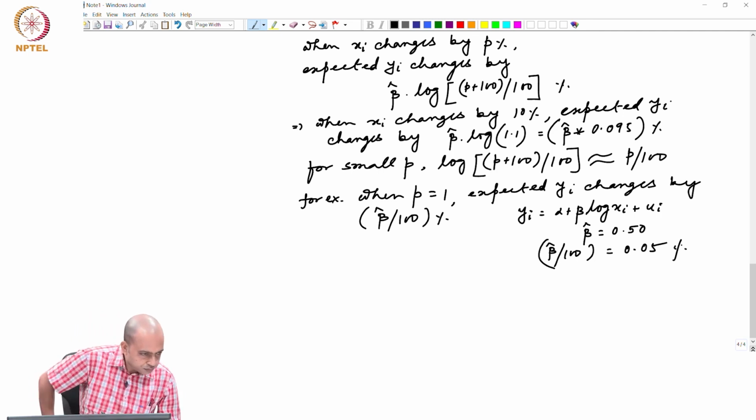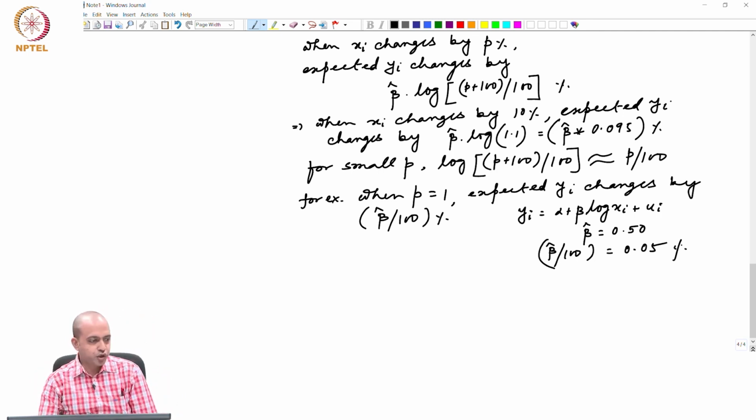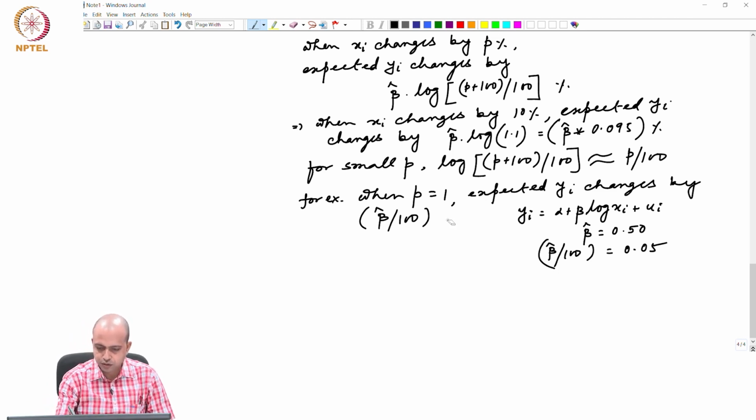Sorry, this is not percentage, this is unit. So, for 1% change in xi, expected yi will change by your beta hat divided by 100. That is what you have to understand. This is how we can understand the interpretation of beta hat when your independent variable is transformed into logarithm.